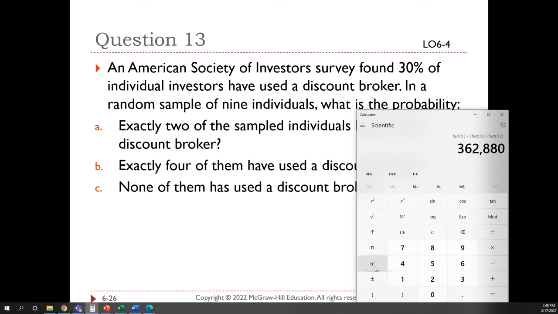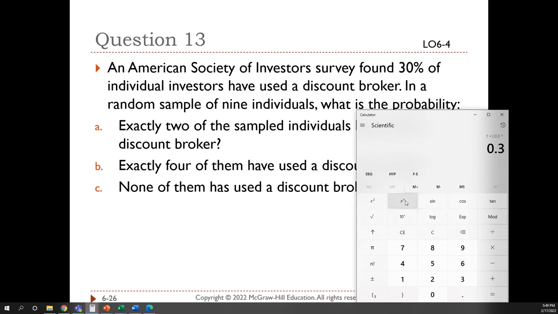Okay. Then you hit enter. So it's 1 times our percentage. So we found 30%.